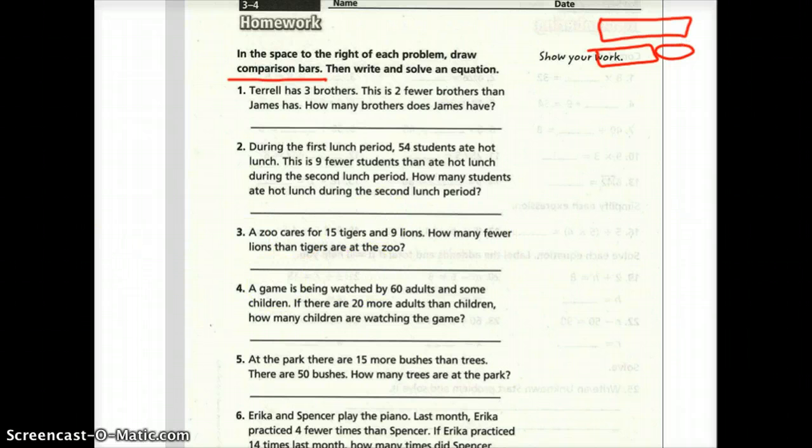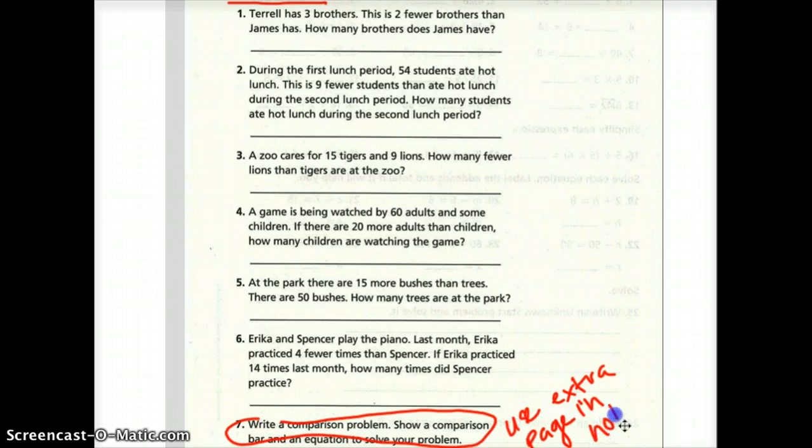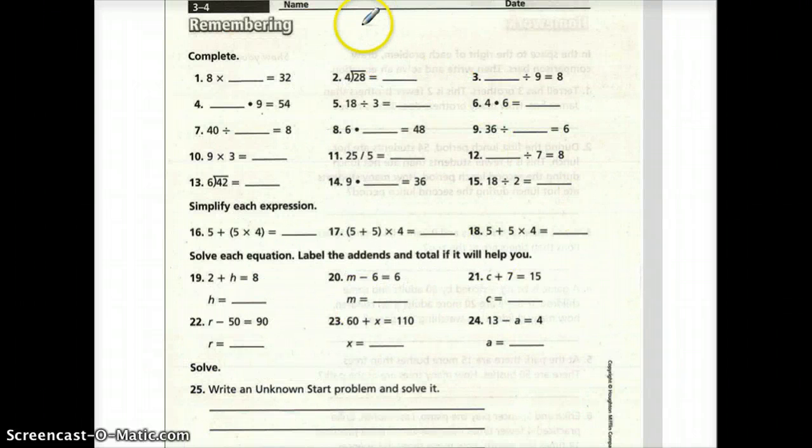On number 7, it says you need to write a comparison problem. You can write this on the bottom page of Notability. Okay. Backside, we are going to do evens only.